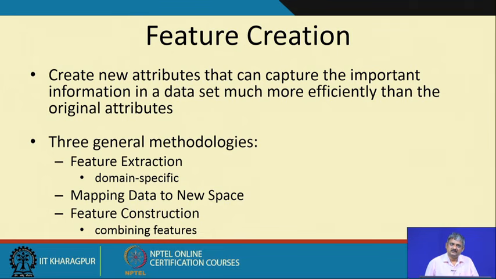Similarly, there are methods in which you combine these attributes or features into a new domain-specific space, called feature creation. For example, in physics, force into time is work. You combine some values to create more meaningful information.